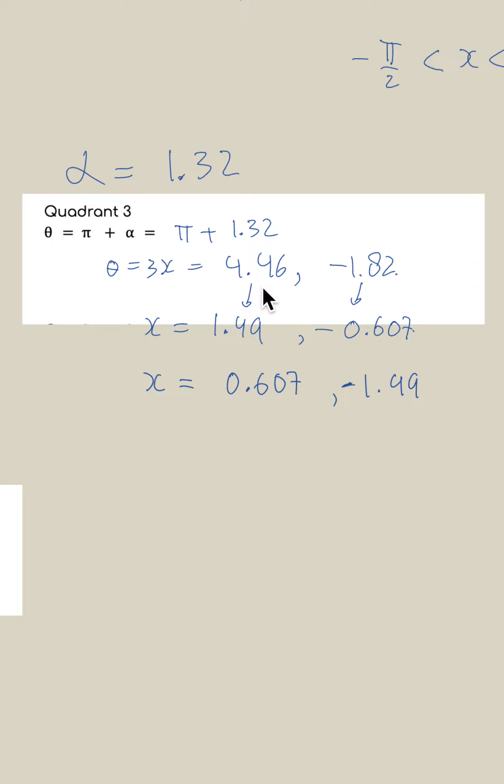From quadrant 2, we have 0.607 and negative 1.49. We have 4 possible values of x. You must present all of them.